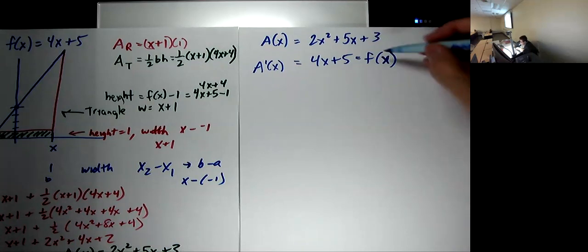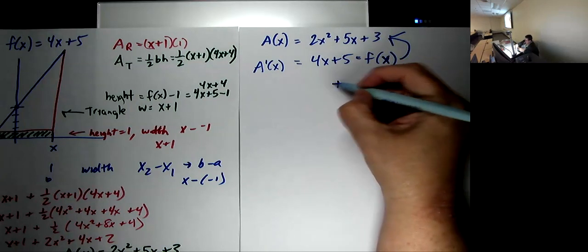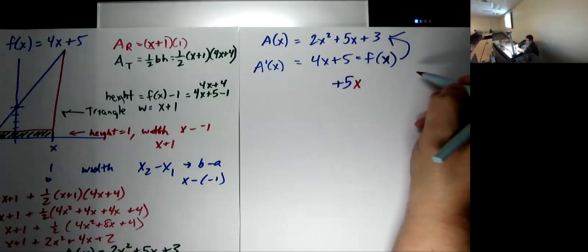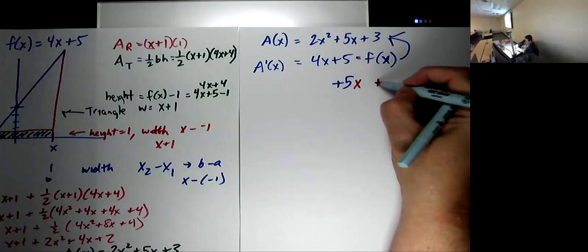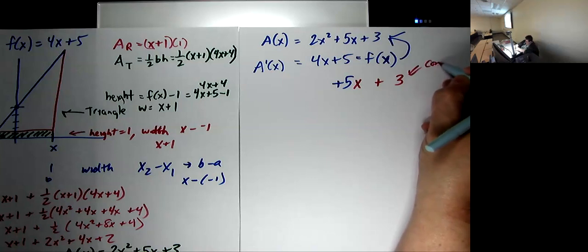So how do we go from here to here? Well, it looks like the 5 just added an x, and we added an extra constant.